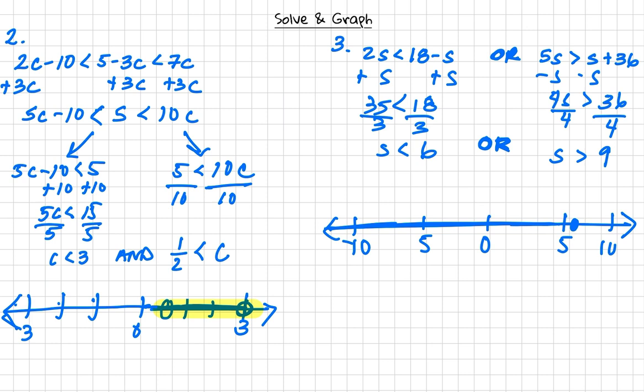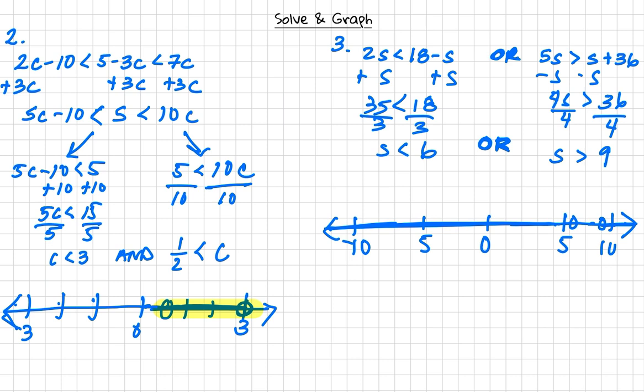I'm going to put 9 here. Oh, and it's also not filled in, it's hollow. So I made a boo-boo here. It's just like that. And then 9 is also hollow, so let's put 9 here, and everything is greater. So 10 is greater than 9, 11 is greater than 9. So everything, the arrow is going to go this way.